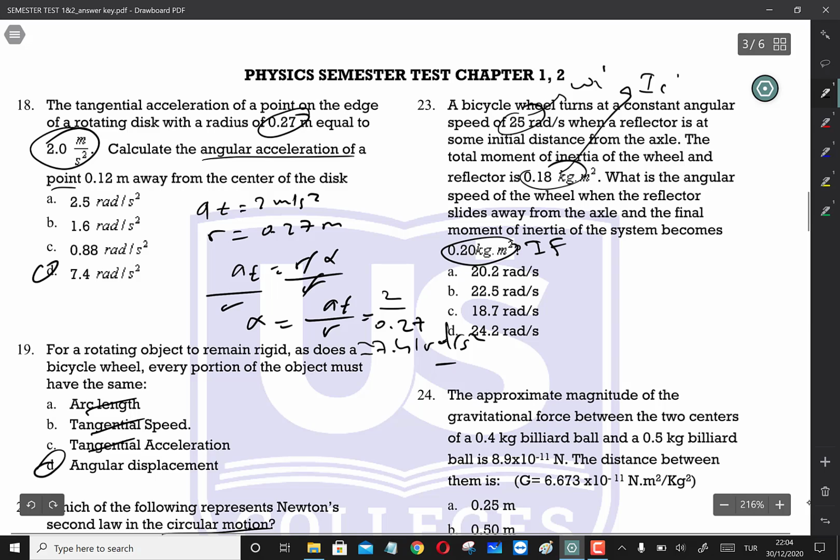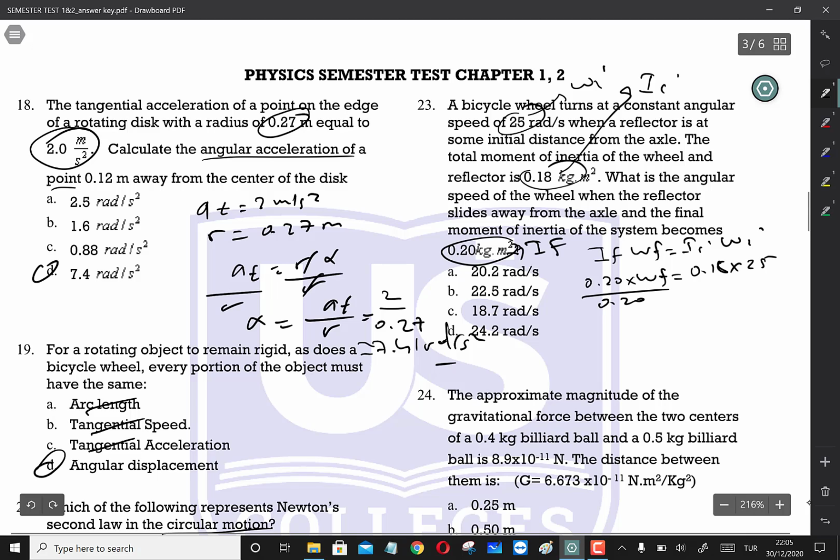So in here you don't need to calculate the moment of inertia, they are given. You are just going to use the conservation equation. What is that equation? I final omega final is equal to I initial omega initial. So I final is 0.20, omega final is the question, I initial is 0.18, omega initial is 25.